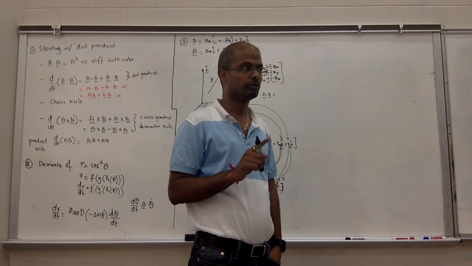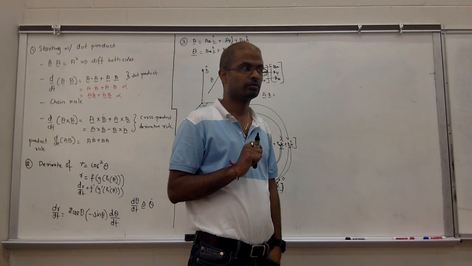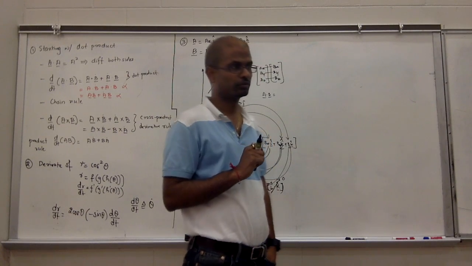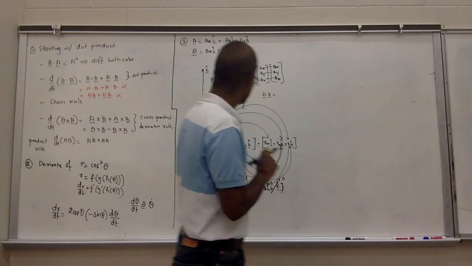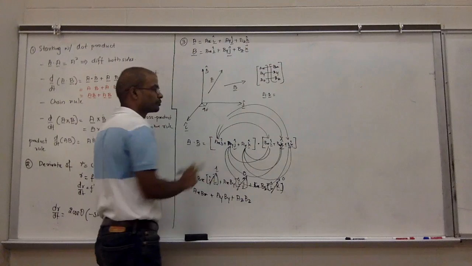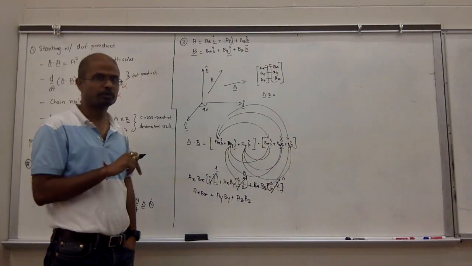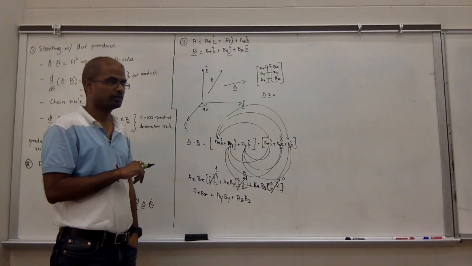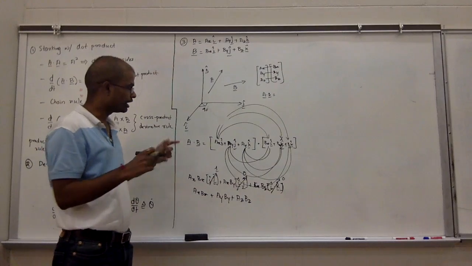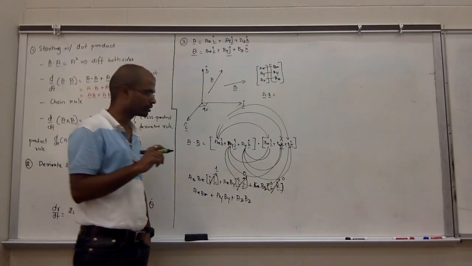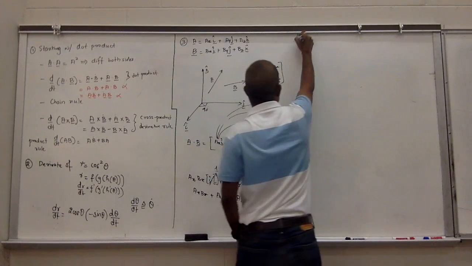They're 1. Their unit is 1. They have unit magnitude, right? That cap means unit vectors. So orthonormal means they are 90 degrees and the magnitude is 1. Okay.